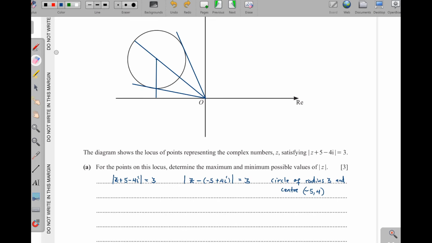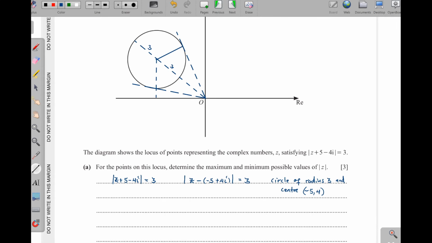Now let me make these lines, all of them dotted, because I've just drawn them. They were not part of the diagram. Now after that, we are going to use triangles here. Okay, so the radius here, remember it is 3 units, even here it is 3.